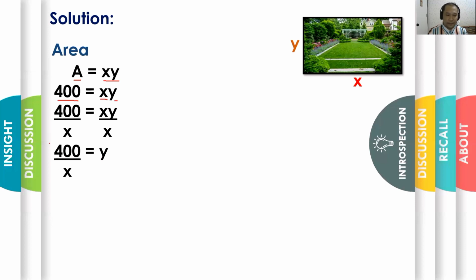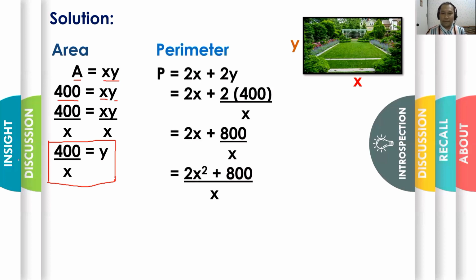Next. Now I repeat, 400 all over x will be replaced to the value of our variable y in the perimeter. Okay, now perimeter, we have 2 length plus 2 width, or 2x plus 2y.